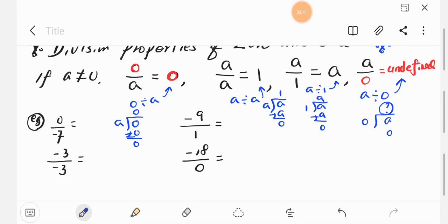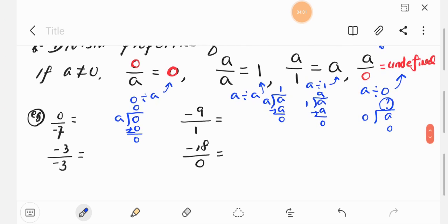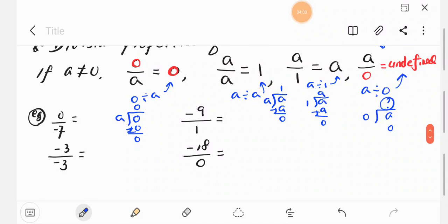So we can conclude that if some number is divided by 0, then the result is undefined. Okay, always don't forget. So if 0 is in the numerator on the top, then the result is 0. But if 0 is in the denominator, the result is undefined. Don't get confused.